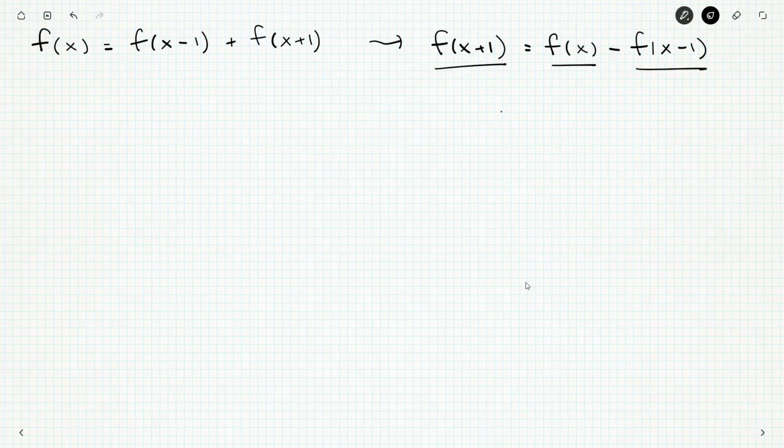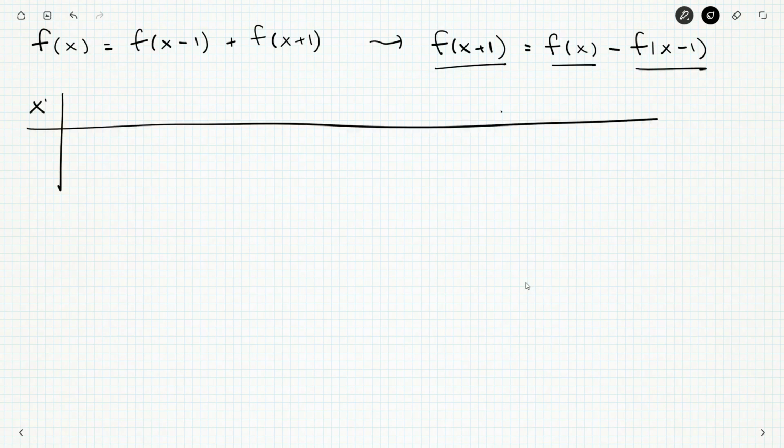So I know f of 1, so we'll make a little chart here. x is 1 and 2, and we know f of x is 1 and 3.